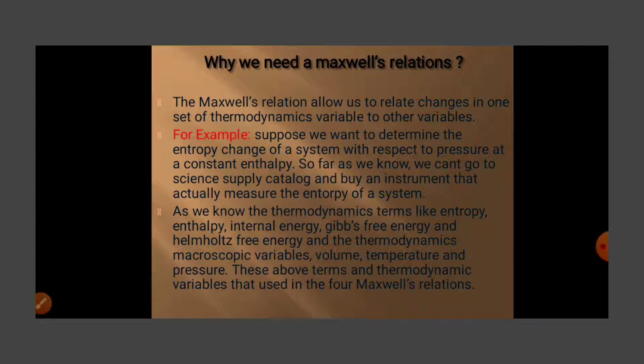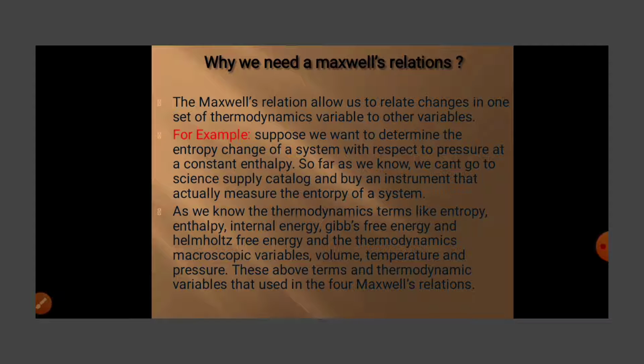So first of all, we will learn why Maxwell relations are important, why we need Maxwell relations. The Maxwell relations allow us to relate change in one set of thermodynamic variables to other variables.